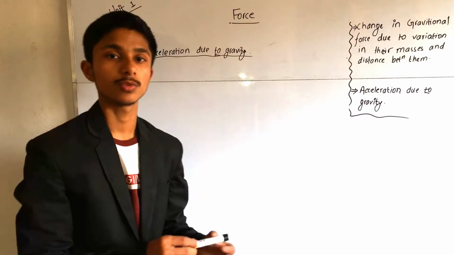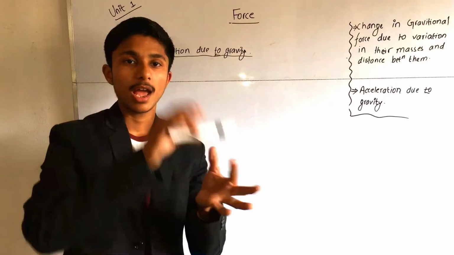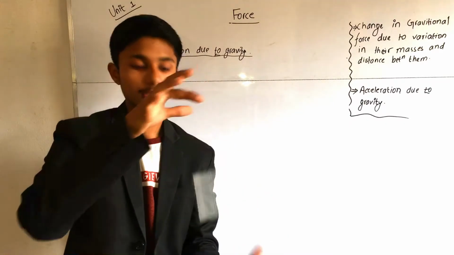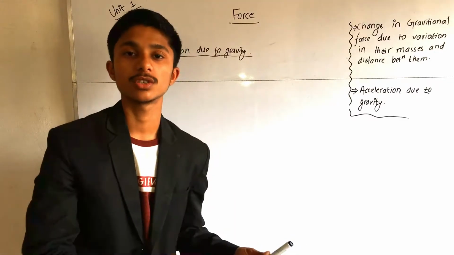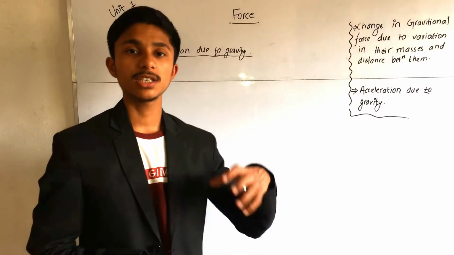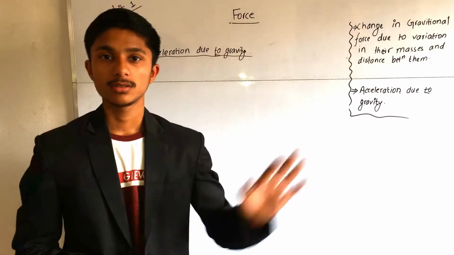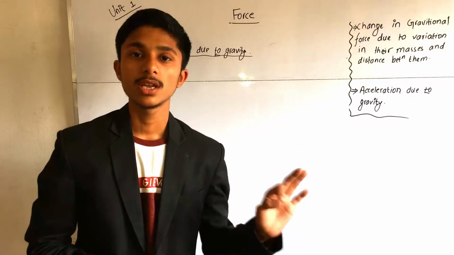Once again, I am going to make you clear. Suppose when I lift this marker, then this marker falls down and its velocity also changes with time. This change in velocity is responsible for producing acceleration.